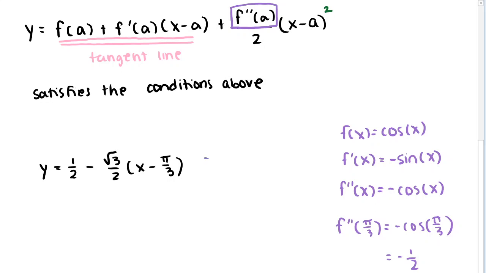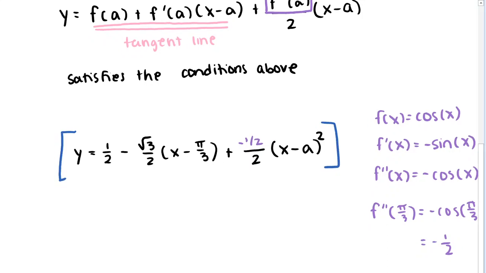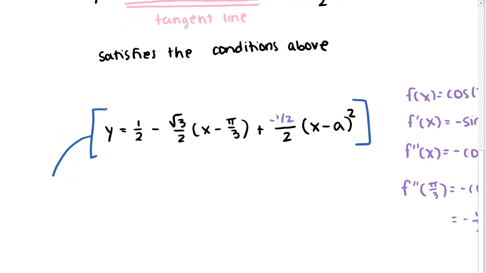So it's going to be negative 1/2. Maybe I'll write it like this. This is negative 1/2. We have to divide it by 2. And then it's being multiplied with x minus a squared. And so this here is our approximating quadratic function.